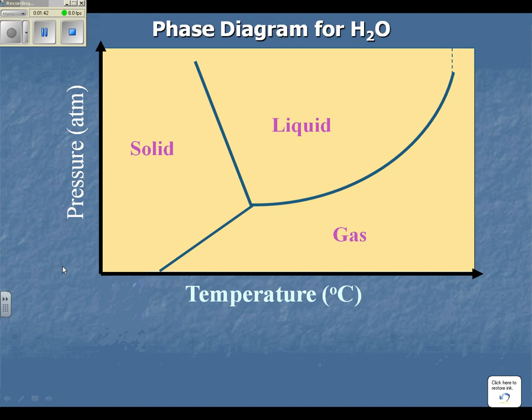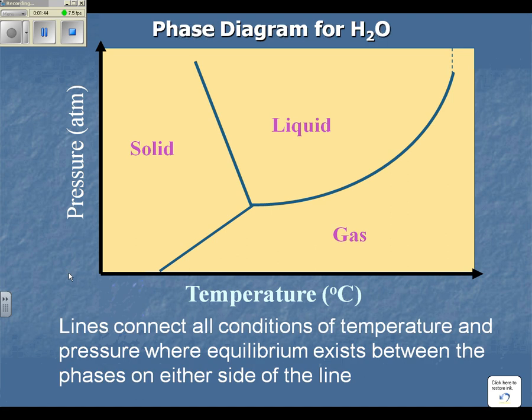Going across the lines, they connect all conditions of temperature and pressure where equilibrium exists between the phases on either side of the line. So, again, anywhere along this line I'm highlighting in red are the conditions of pressure and temperature where you have equilibrium. So you have solid and liquid in equilibrium along that line, and that is where your phase changes occur.